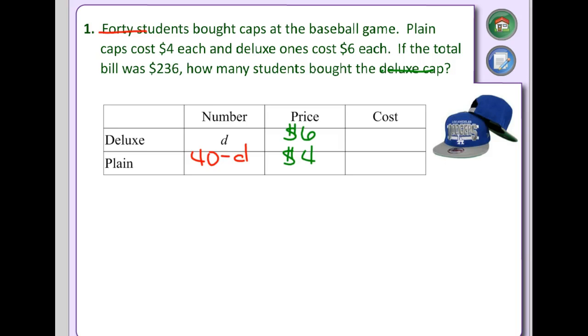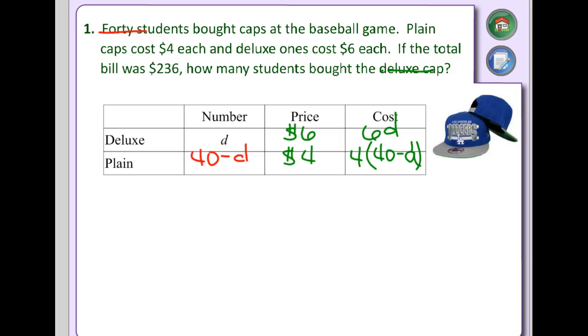Now, that third column is total, so again, we just multiply across. So we're going to have 6 times the number of deluxe hats, which is 6D. And then the plain hats were $4 a piece times the number of plain hats that were bought. Okay, so what's my equation going to look like?